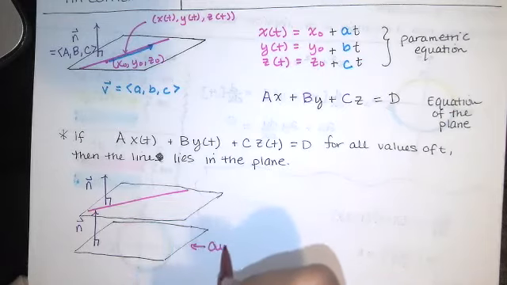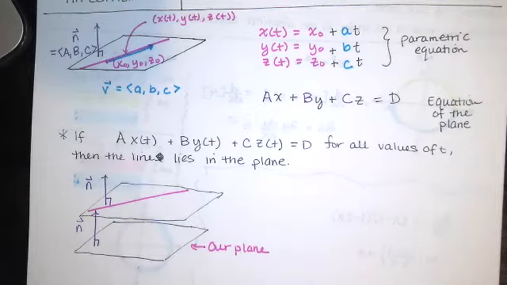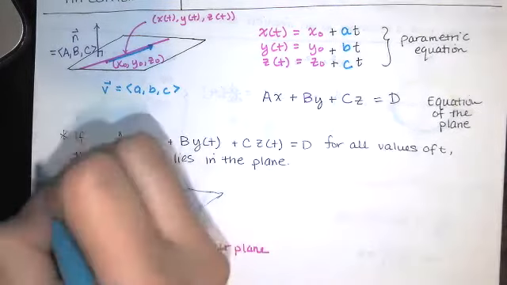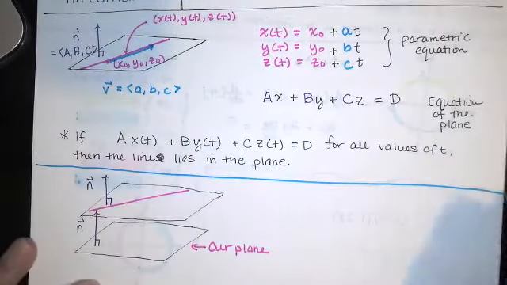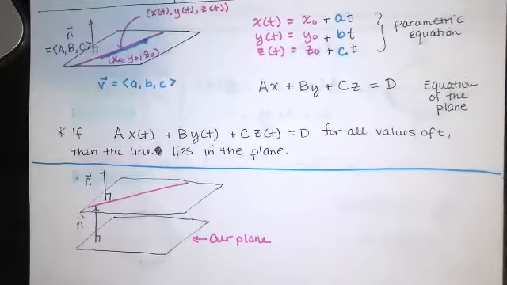And this is our plane. So the first possibility is, I don't know why I drew that so crooked.